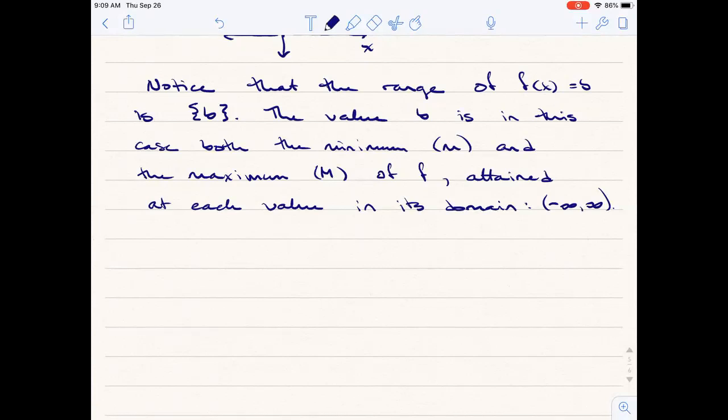So that's the special case of constant functions. So now we'll move into just linear functions, right? Straight lines.